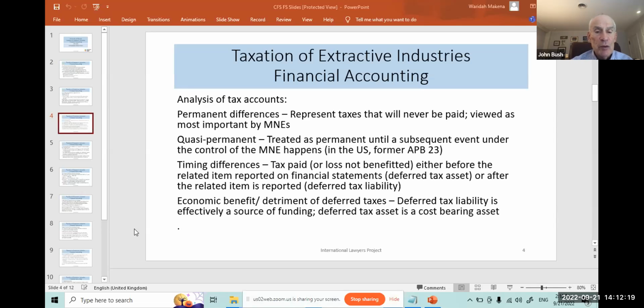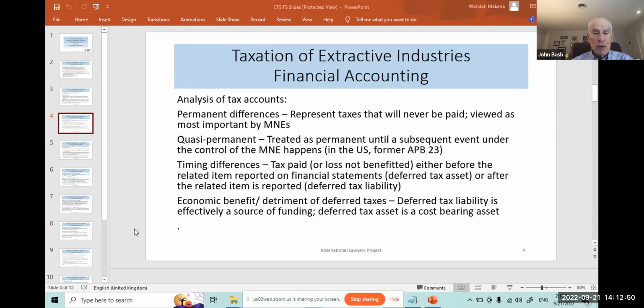And some jurisdictions then treat those profits as not taxable, resulting in sort of a permanent treatment of those in financial statement purposes. So they're treated as permanent differences until the company decides to repatriate the profits home. So that's an example of quasi-permanent. There are very few of those things around at this point in time, to be honest.